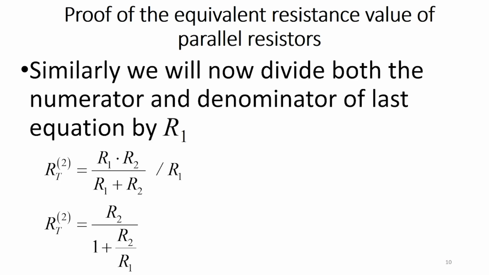Similarly, we will now divide both the numerator and denominator of the last equation by R1. The equation is RT2 equals R1 times R2 divided by R1 plus R2. We divide the right-hand side by R1, both numerator and denominator, and we get that RT2 equals R2 over (1 plus R2 divided by R1).